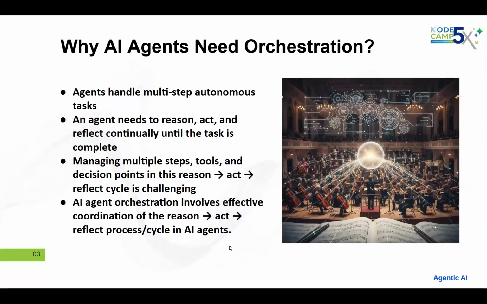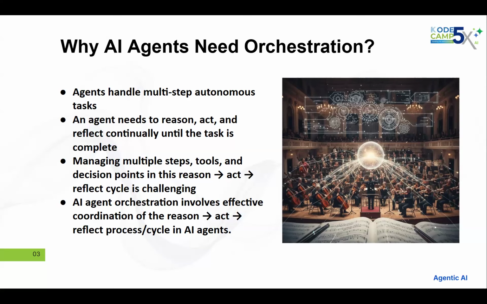So today, after the recap, we'll start by looking at the necessity for orchestrating AI agents. AI agents typically handle multi-step autonomous tasks, tasks that require multiple steps. If you remember, over the course of this training, we've talked about prompt chaining, where you break up the intent into multiple steps.